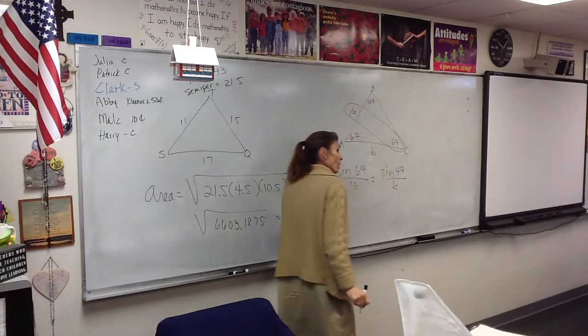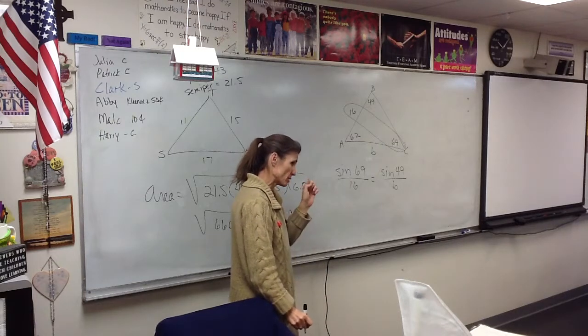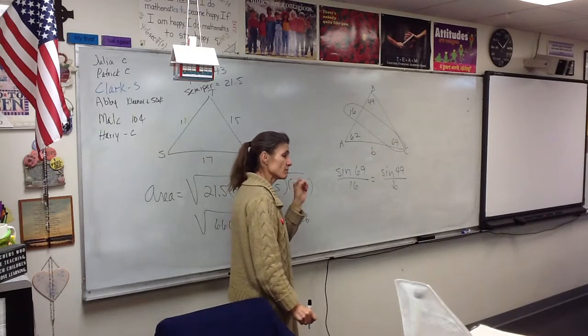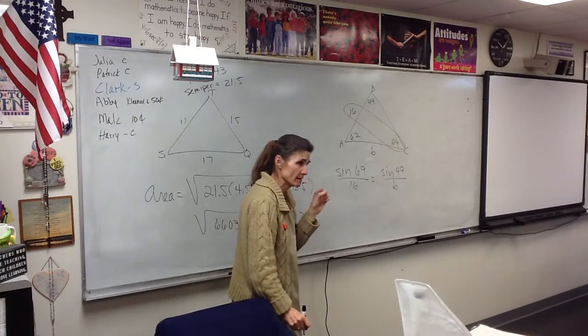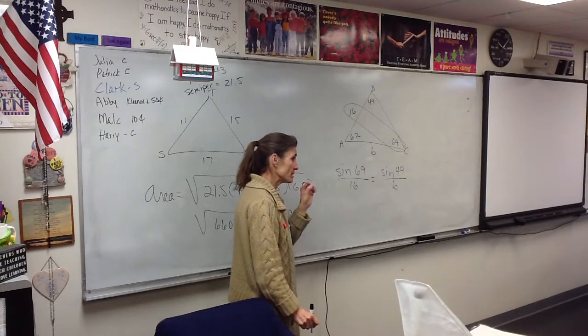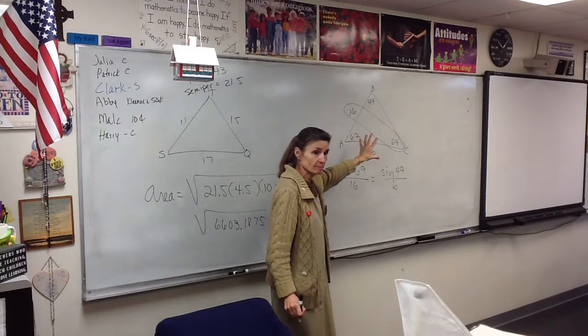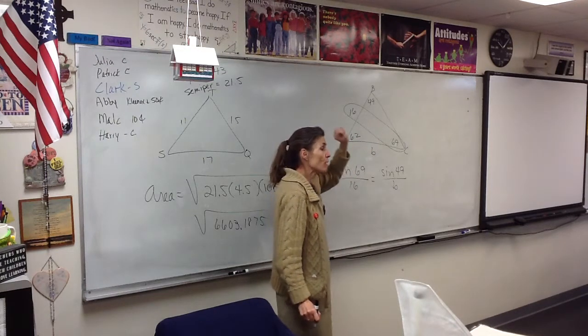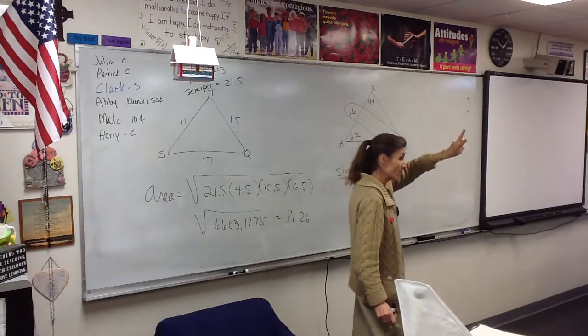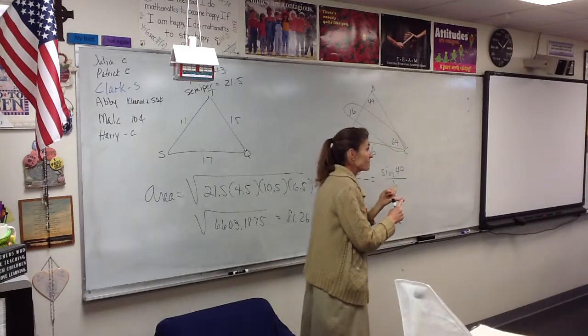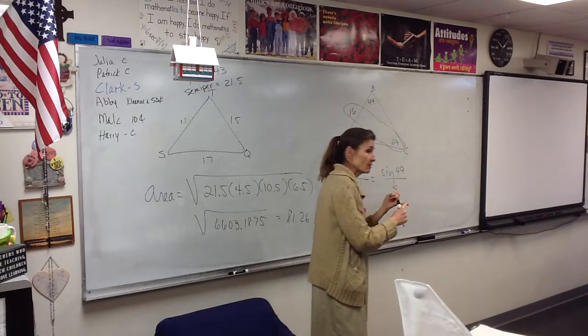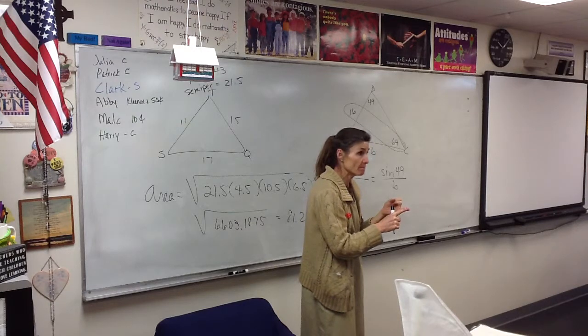Now some of you are not completely awake and alert this morning, so you're sitting there thinking, what is she doing? Why is she doing this? My job is to find area. Right now, you have two strategies for area: 1/2 side side sine of included angle, and Hero's formula.